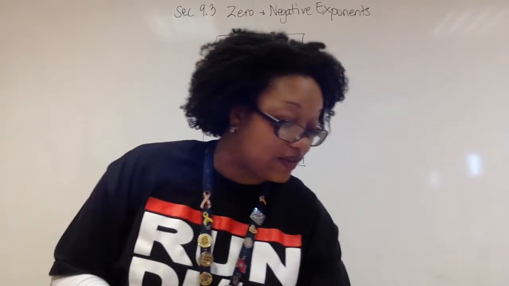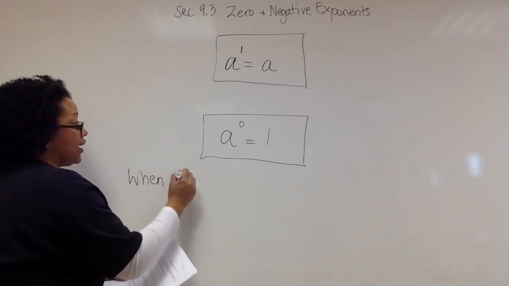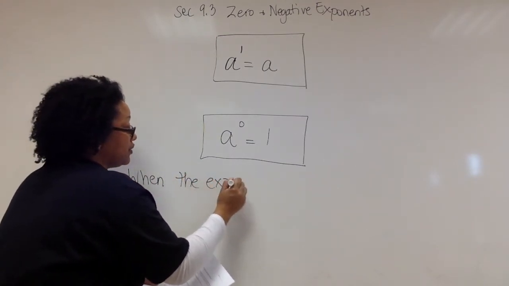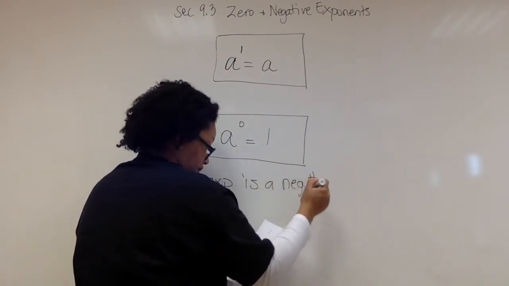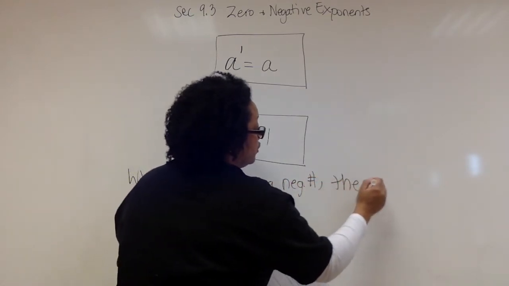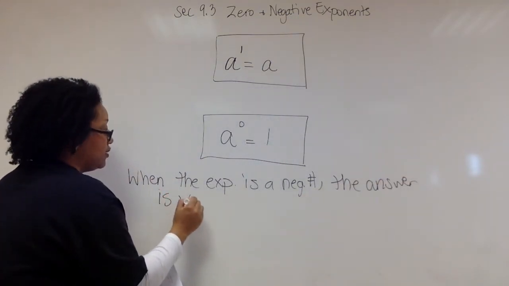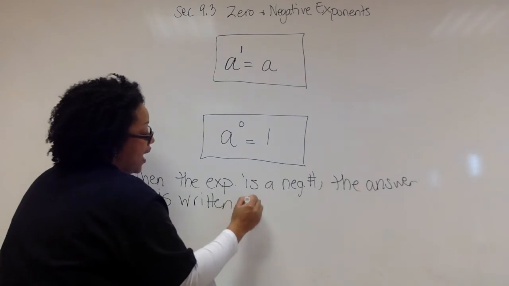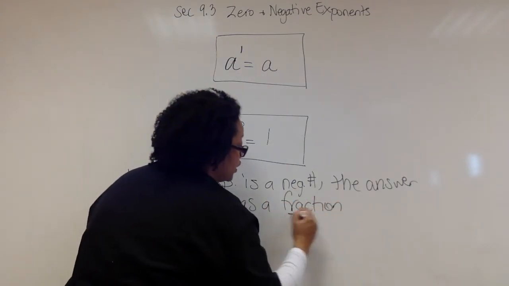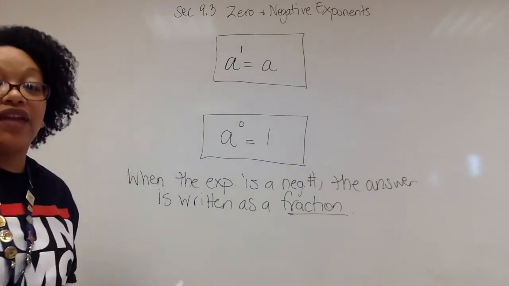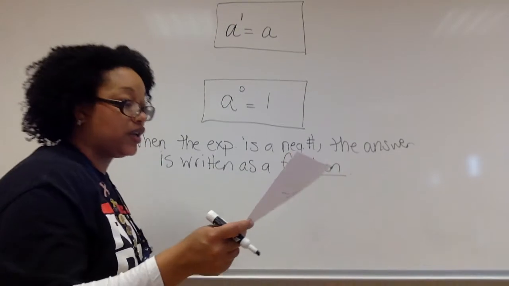Okay? Now, the third rule, and this is the most important one, is what happens when you have negative exponents. So you have a sentence on your notes that says, when the exponent is a negative number, the answer is written as a fraction. This is what you put in the blank. The answer is written as a fraction. And here's what you put in the box.